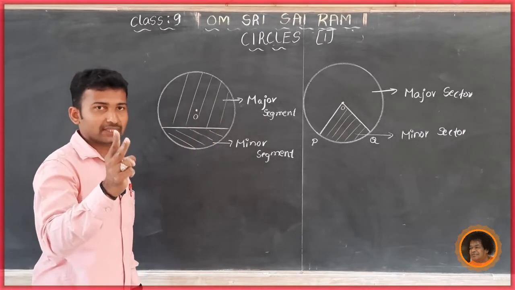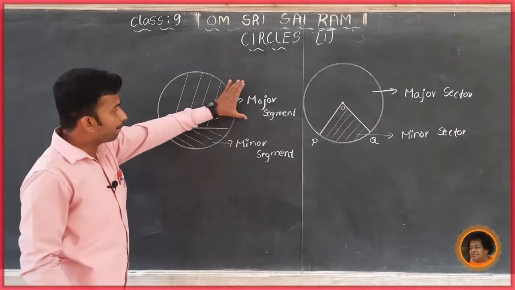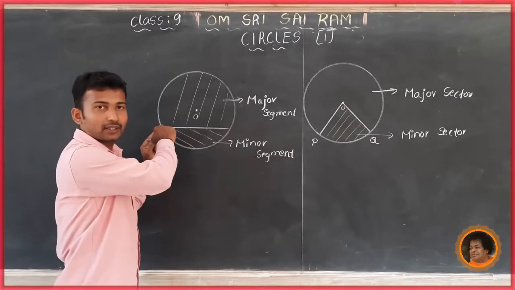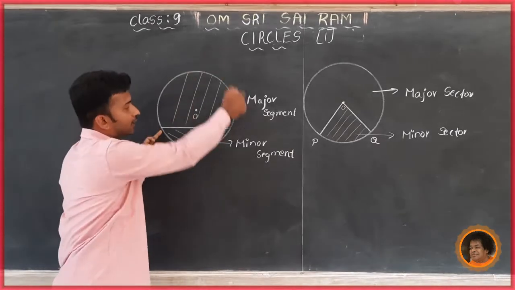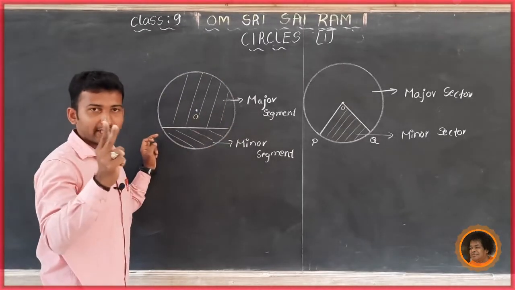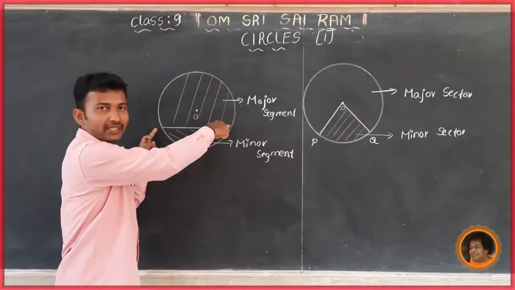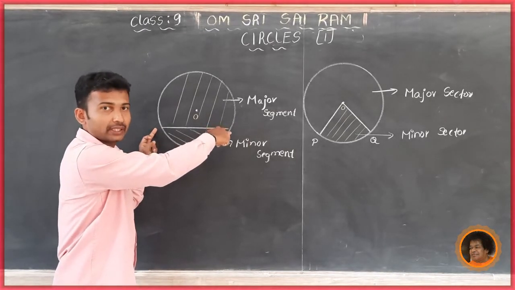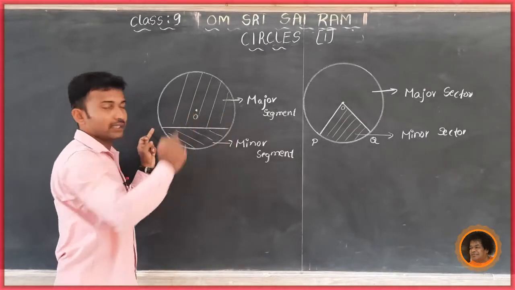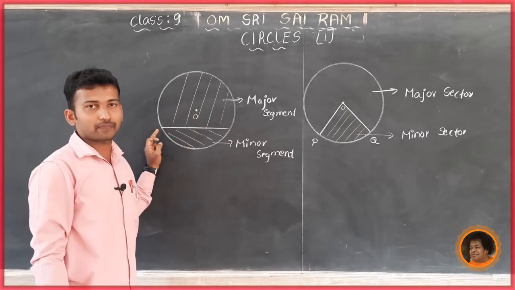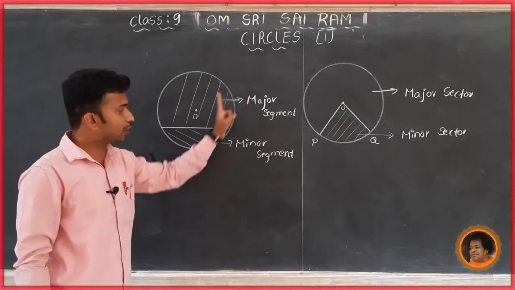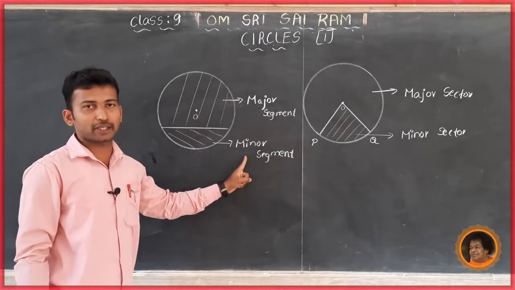There are two segments. First, the major segment, bounded by the chord and the major arc. Second, the minor segment, bounded by the chord and the minor arc.